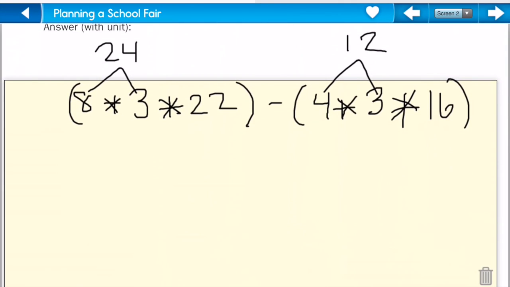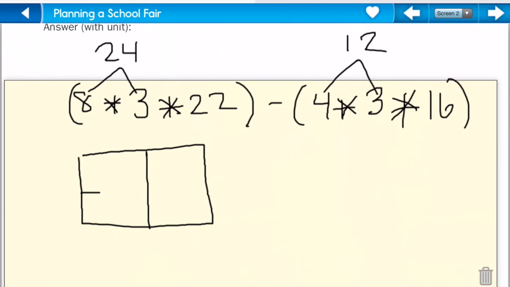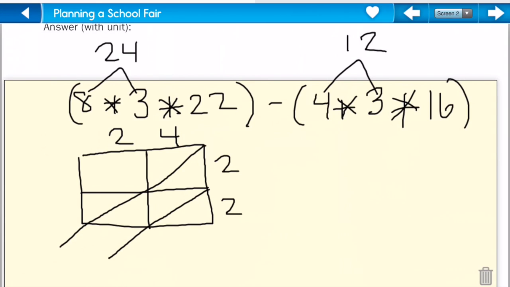Now, we can set these up in our lattice boxes to help us multiply. Okay? So I'm going to take 24 times 22. I'm going to draw my lattice box. Sorry if it's not neat. Okay. So I'm going to take 4 times 2, and that equals 8. I'm going to take 4 times 2 again, 0, 8. I'm going to take 2 times 2. That equals 4. So I'm going to put 0, 4.